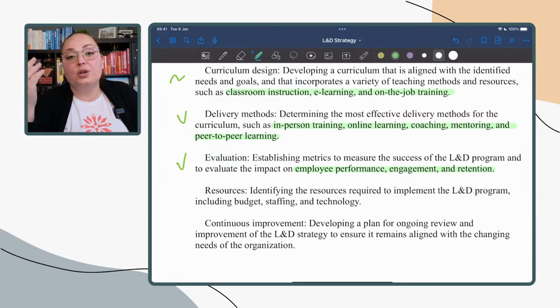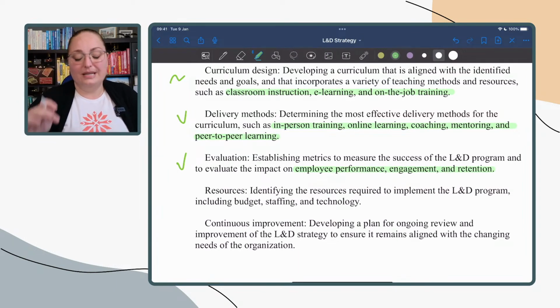Maybe we measure their knowledge or how it has changed. Maybe we measure their behaviors. In some very rare cases, we measure the return on investment. But what ChatGPT is telling us, very correctly so, by the way, I'm not saying you shouldn't measure all of those things, but it tells us that we need to measure the impact on specifically the employee performance, engagement, and retention, essentially the things that really matter to a business.